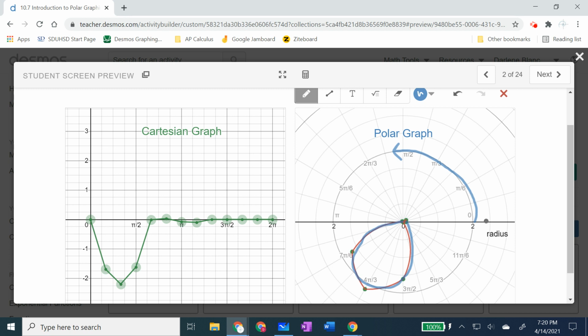But what's being graphed is graphed on the other side, and it's always going to make a counterclockwise motion.